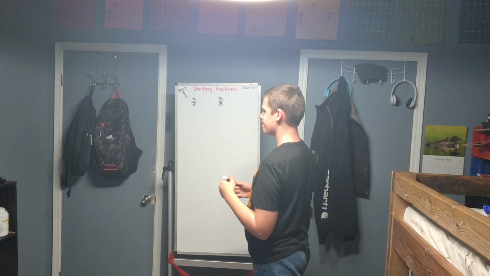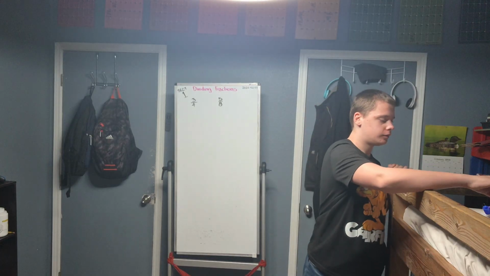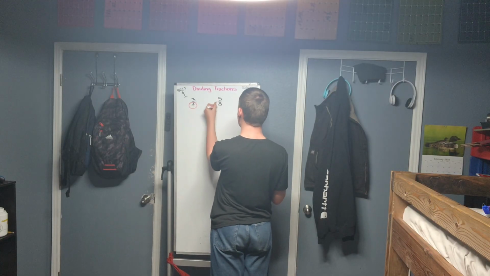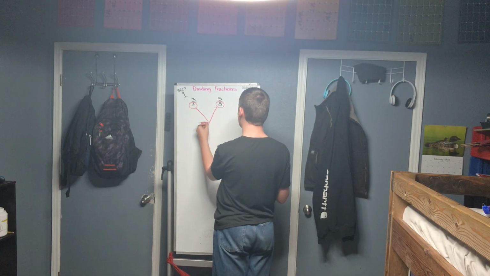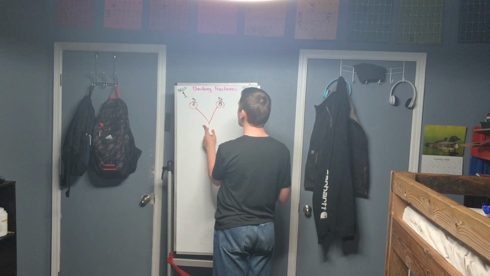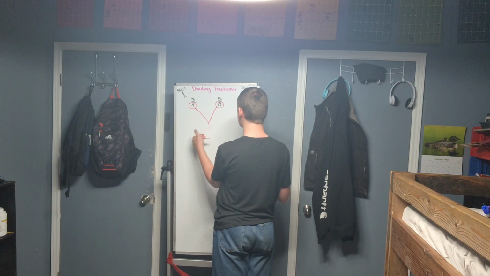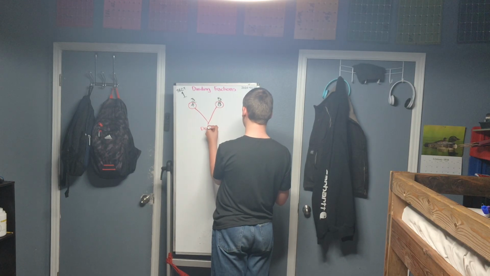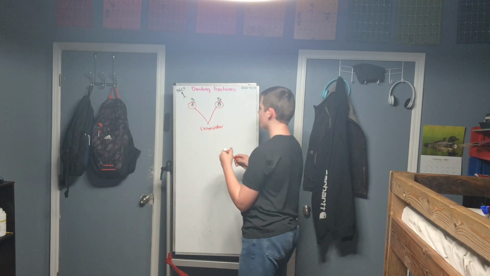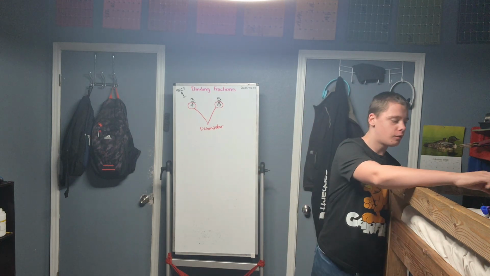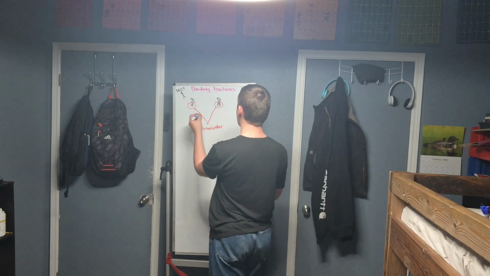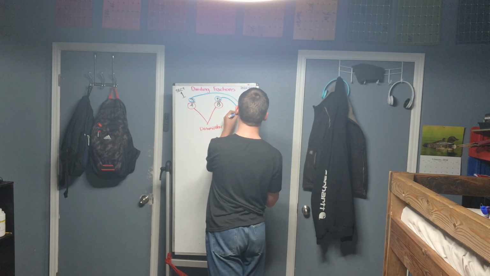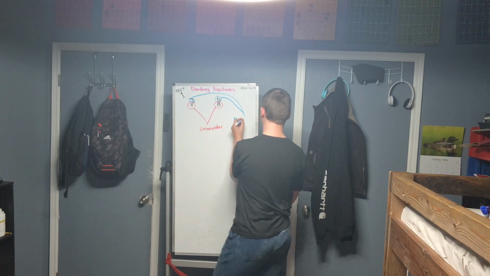So 4 and 8 are both classified as denominators, while these 2 other numbers, 3 and 5, are classified as numerators.